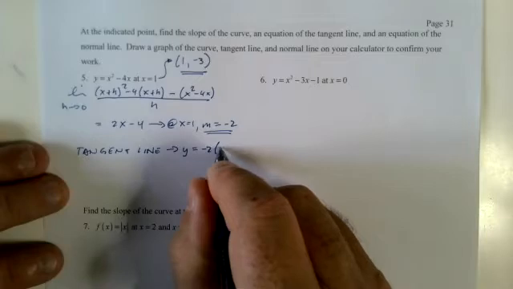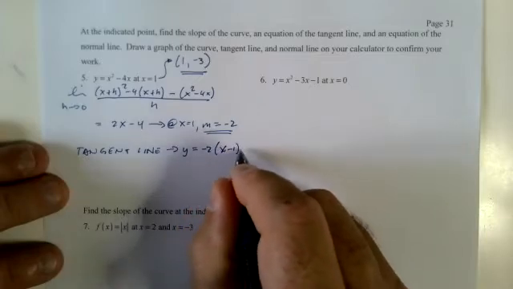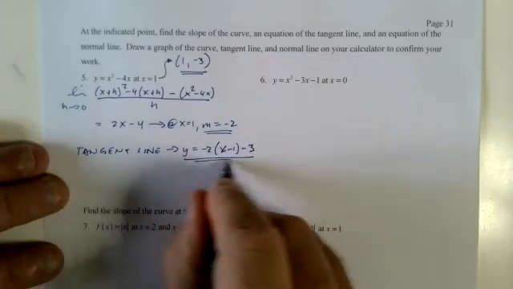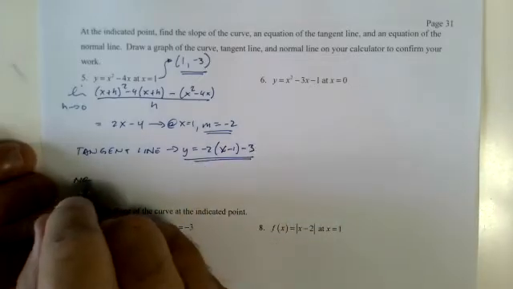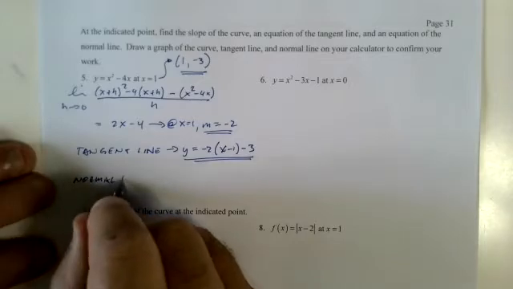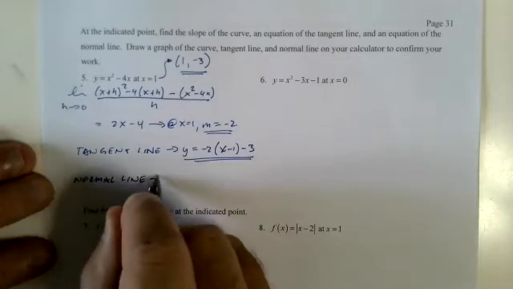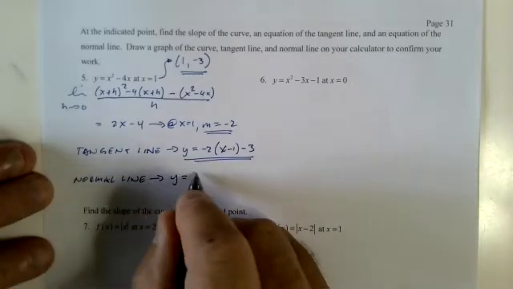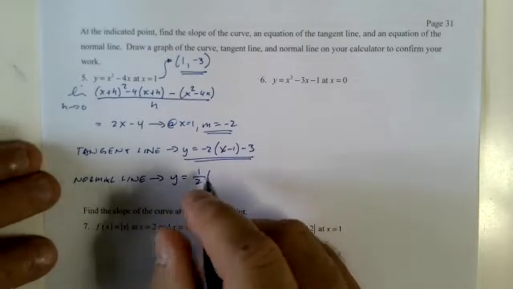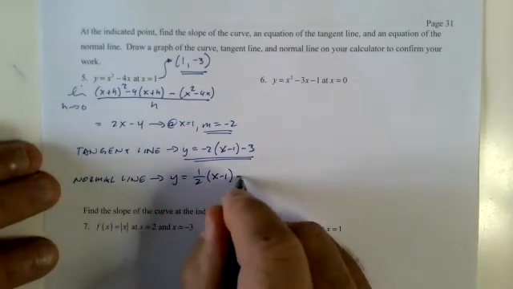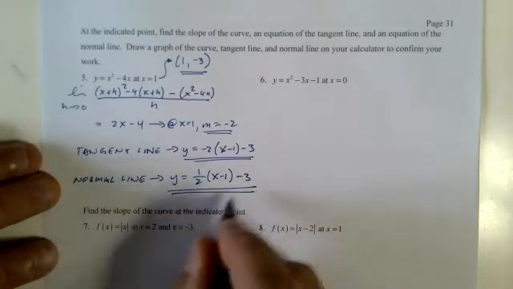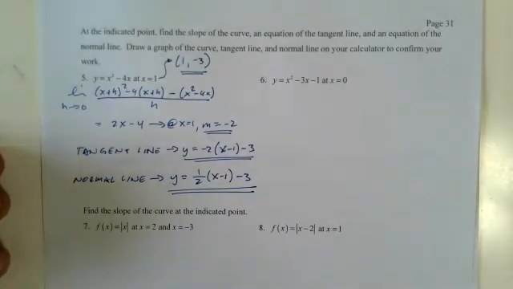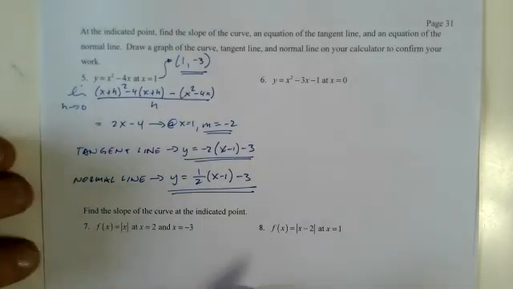Negative 2, x minus 1, minus 3. And the normal line, one half x minus 1 minus 3. I've just done about 3 or 4 of the math problems you'll see on the AP exam next spring.